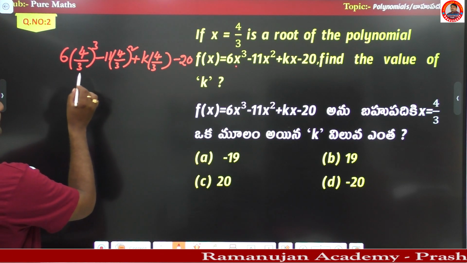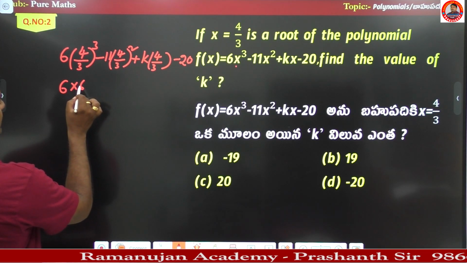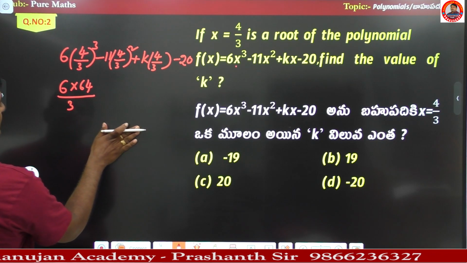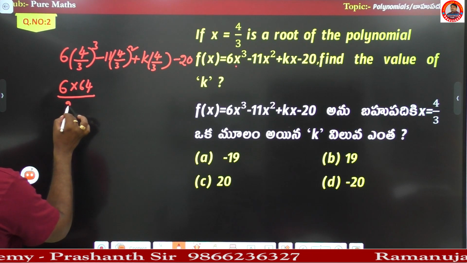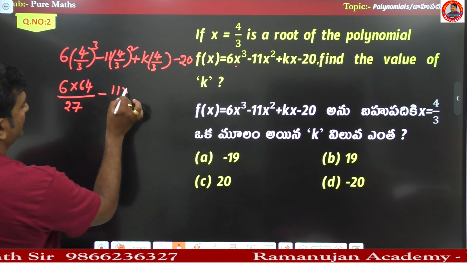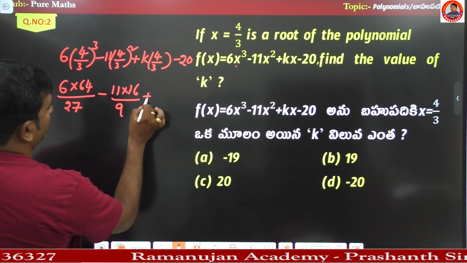So first we will try to simplify this. 6 into 4 cube, the value is actually 64, by 3 cube. 3 cube value is how much? 27. Minus 11 into 4 square means 16, by 3 square means 9.